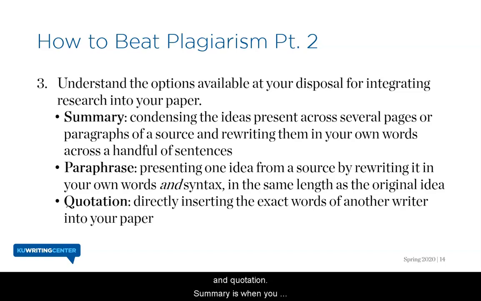Paraphrase is similar to summary in that it's in your own words, but instead of condensing the whole argument, you only restate one claim. Thus, while a summary is much shorter than the material it's covering, a paraphrase should be about the same length. Finally, a quotation is when you insert the exact words of the original writing into yours, offset with quotation marks.